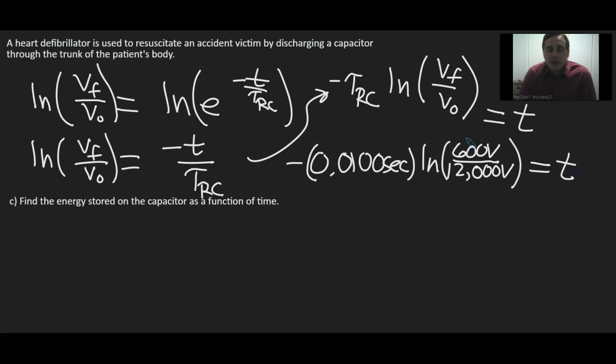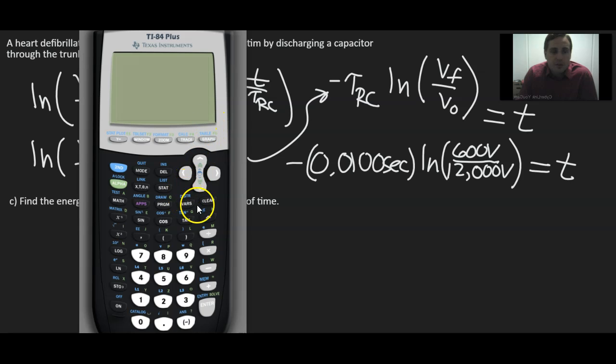Okay, so let's see how we can calculate this. Let's perform in our calculator minus 0.01 times the natural logarithm of 600 over 12,000. Close out the parenthesis. Enter. Okay, so let's write this down.